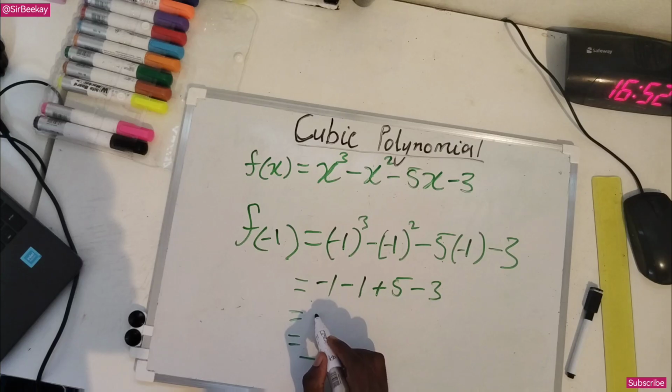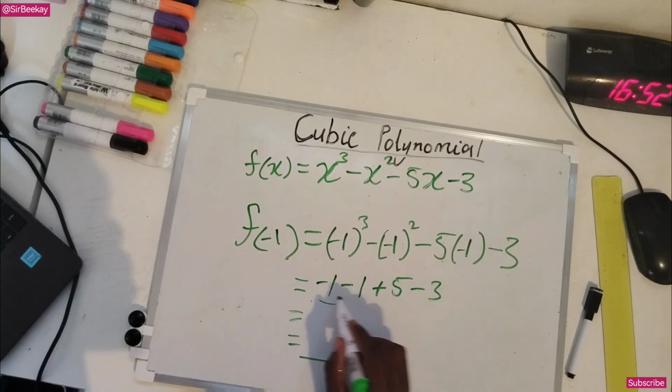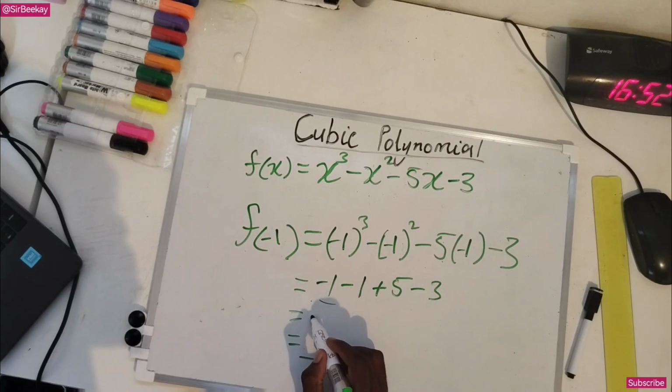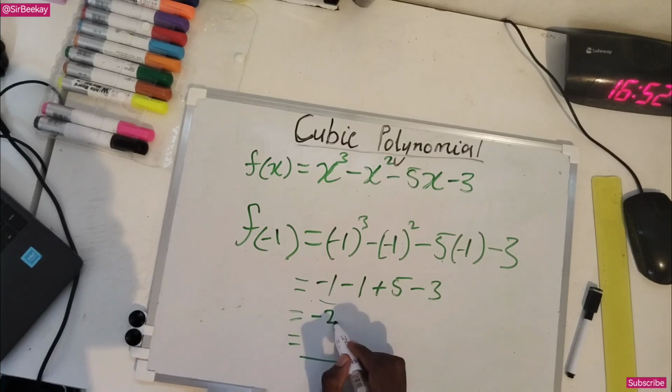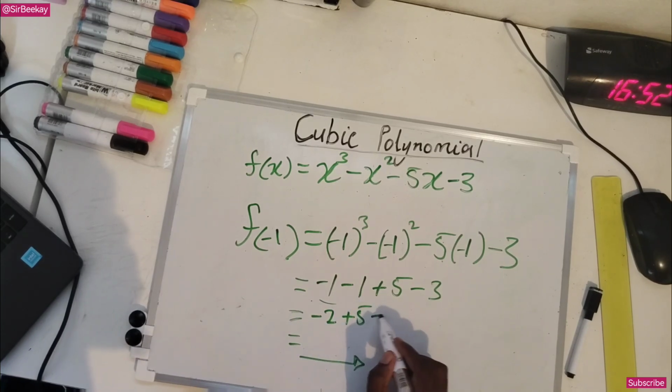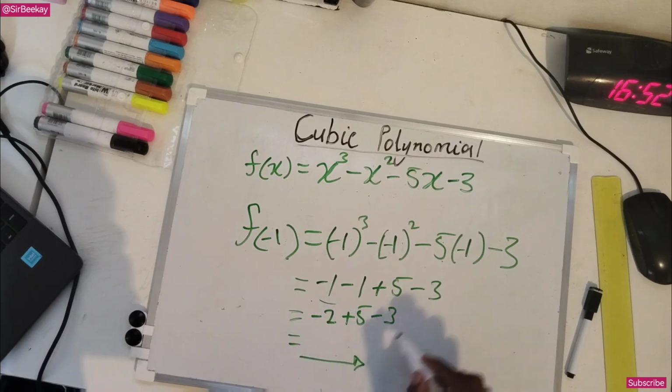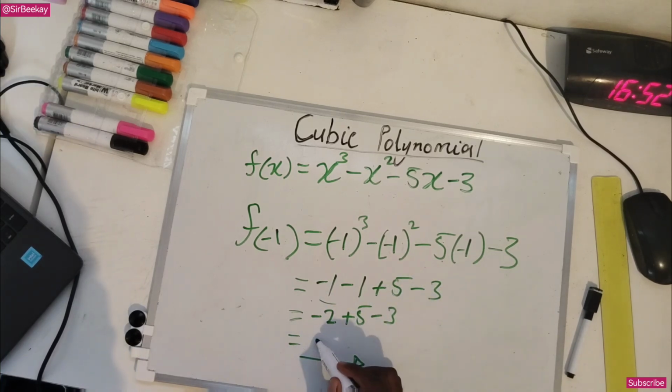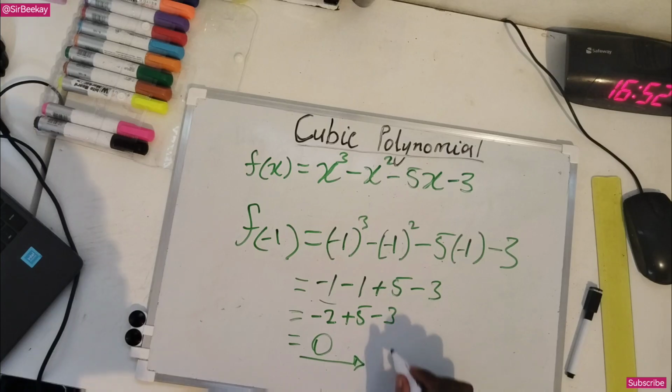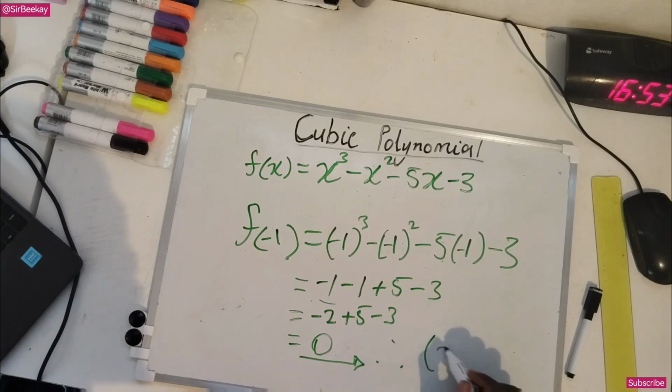So this is going to be minus 2 plus 5 minus 3, which equates to 0. Then this is my factor. Therefore, x plus 1 is a factor.